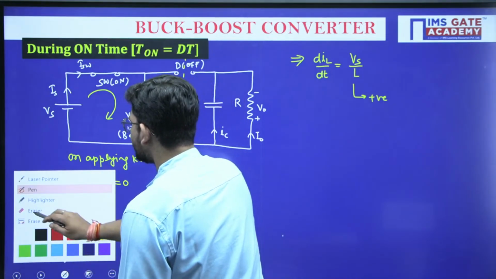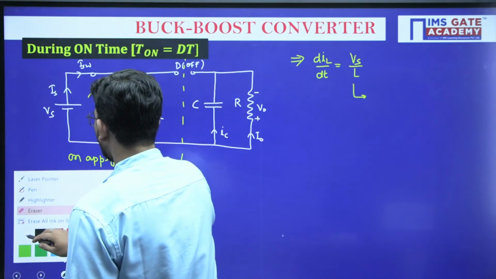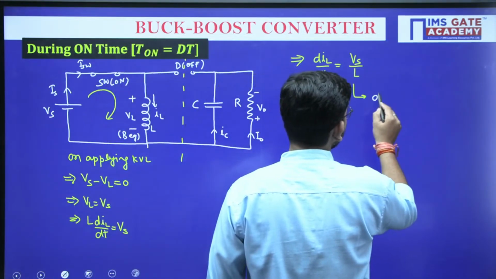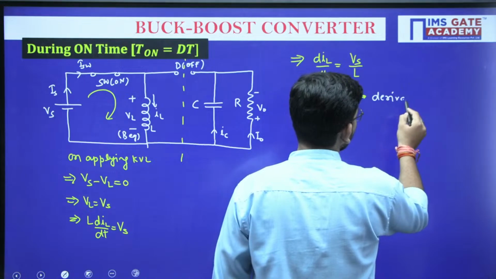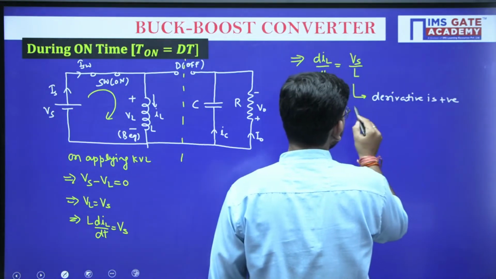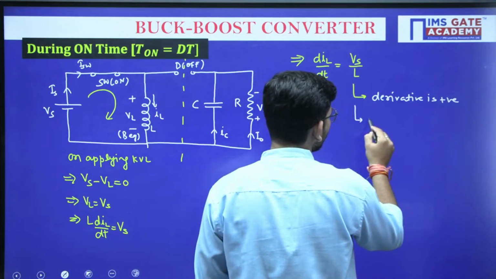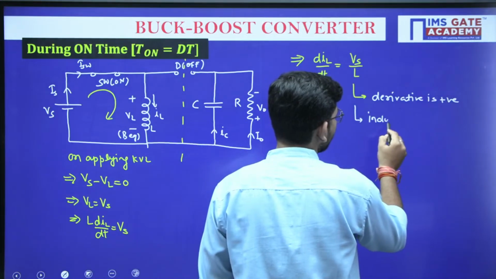So what does it indicate? The rate of change of inductor current is positive, meaning the derivative is positive. If this derivative is positive, this indicates that the inductor current is increasing linearly, yes or no?